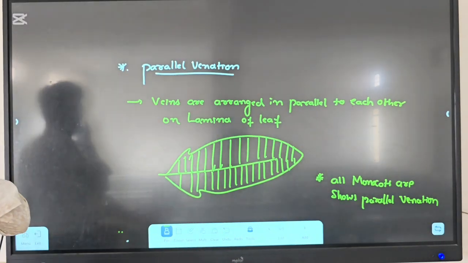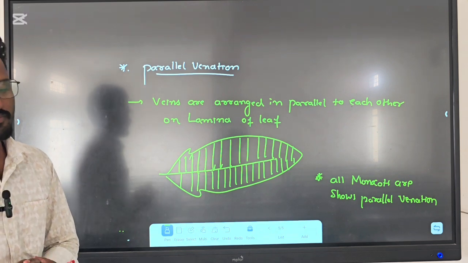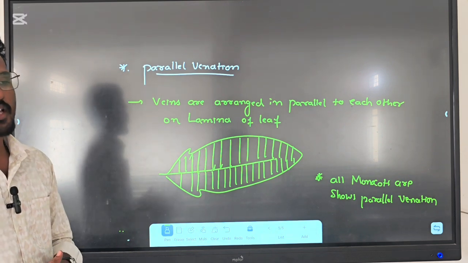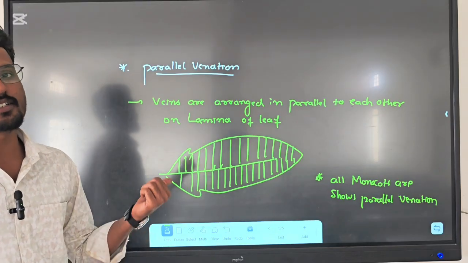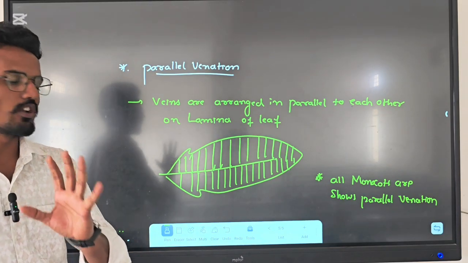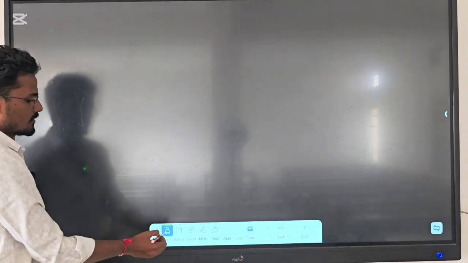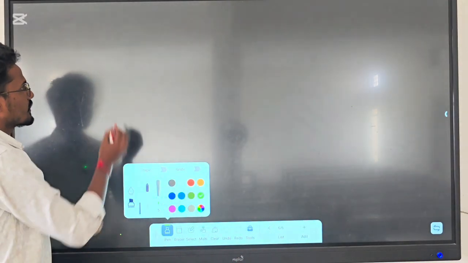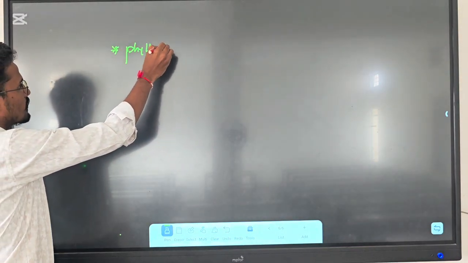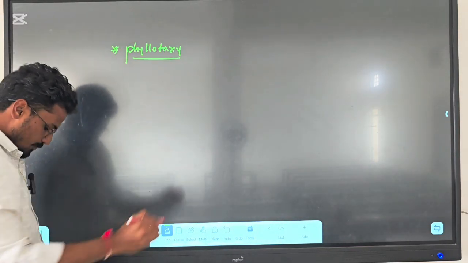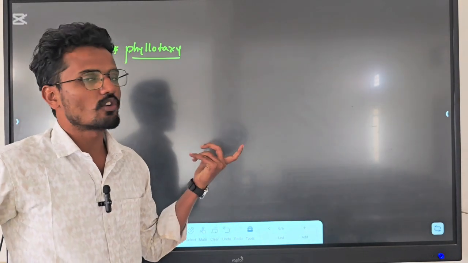Next, we have completed the types of leaf and venation. Now we are going to see another important topic related to the leaf, that is phyllotaxy. Just as you know taxonomy, like that it is phyllotaxy.